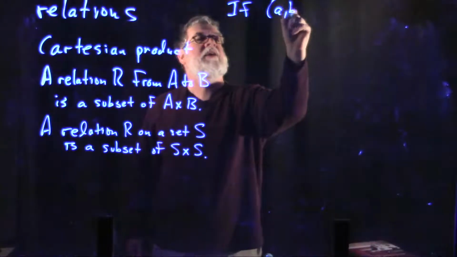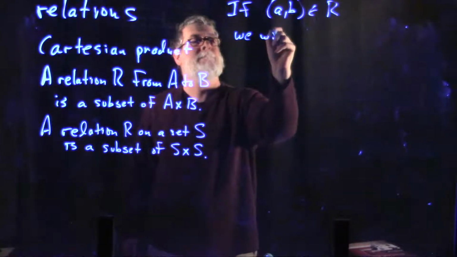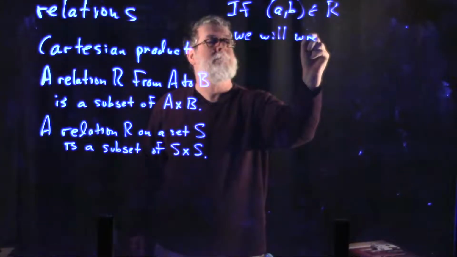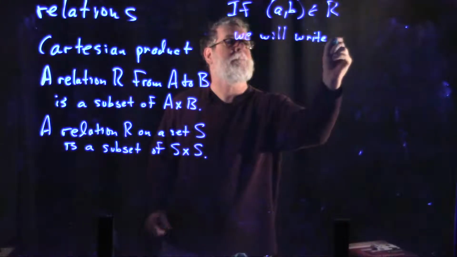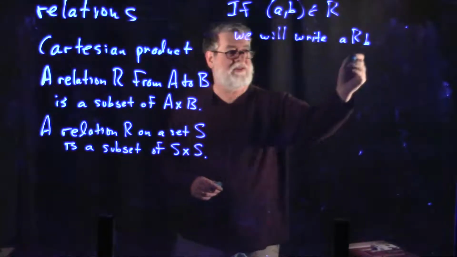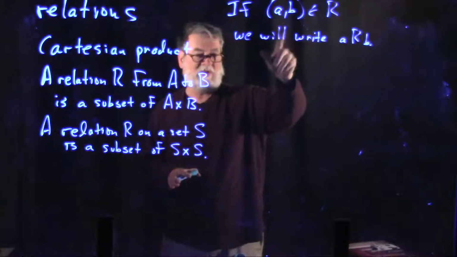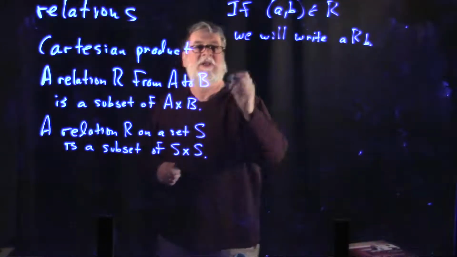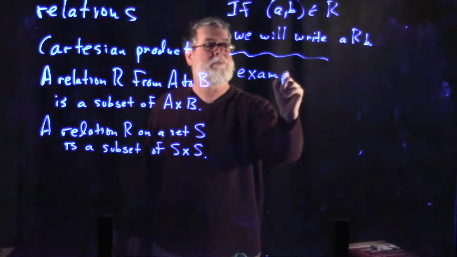If (A, B) is in R, we will write A R B. Now this looks strange, but what I mean is if A and B are related using this relation, we'll write A R B.